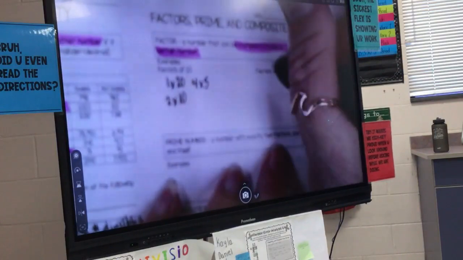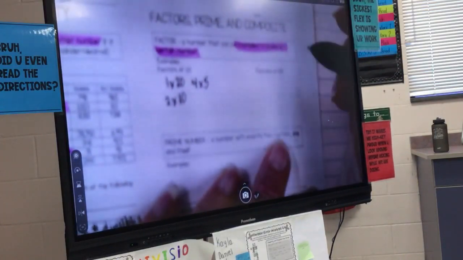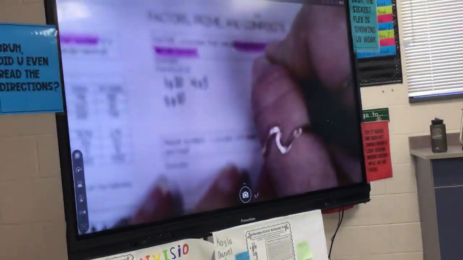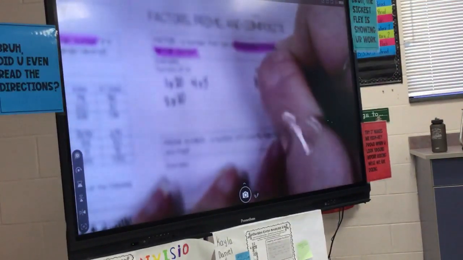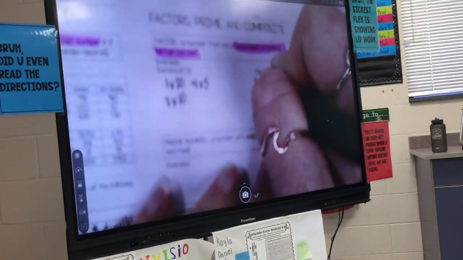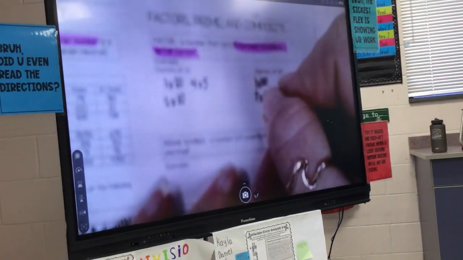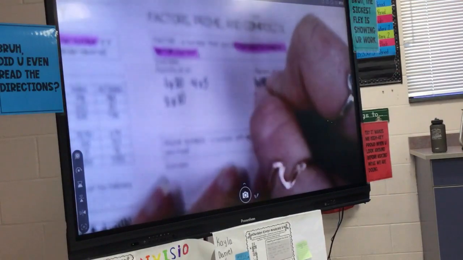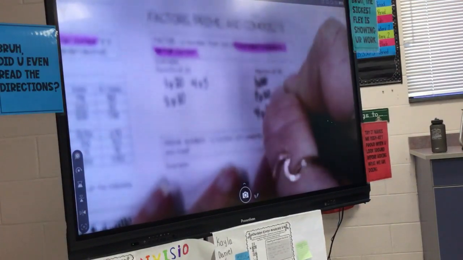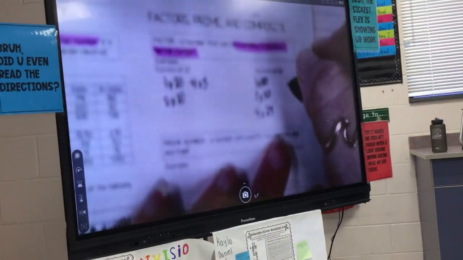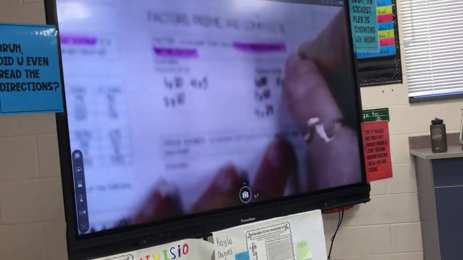All right, factors for 100. 1 times 100. 2 times 50. 4 times 25. 3 doesn't work. 5 times 20.